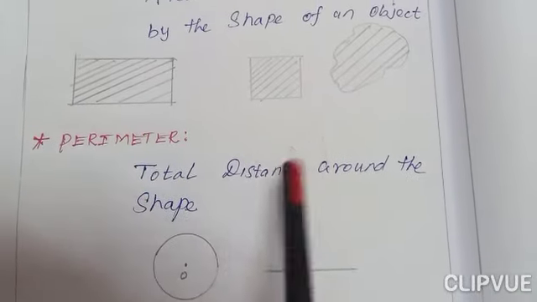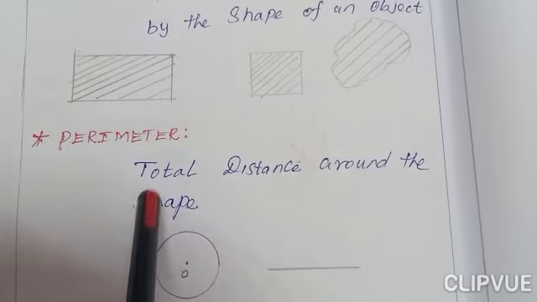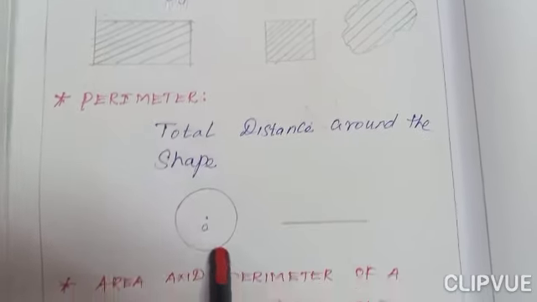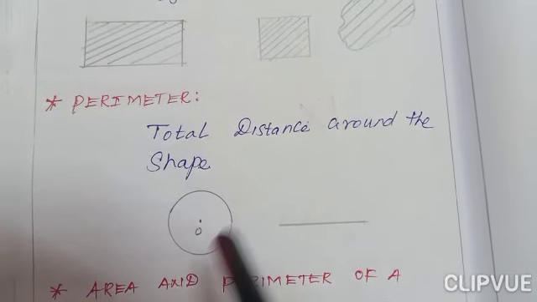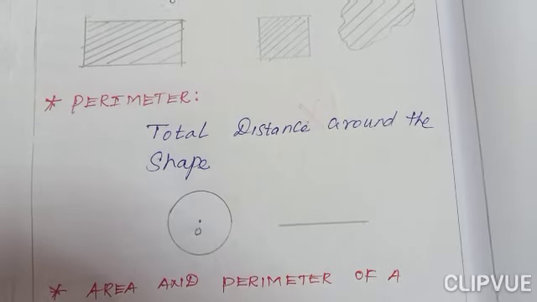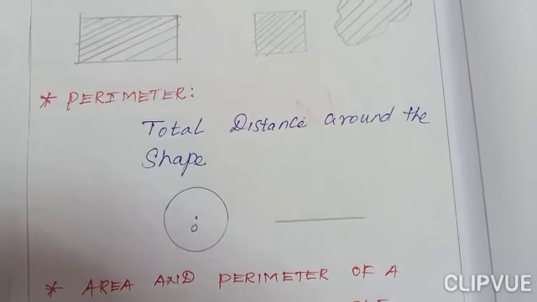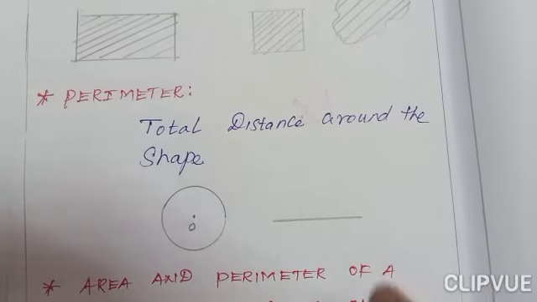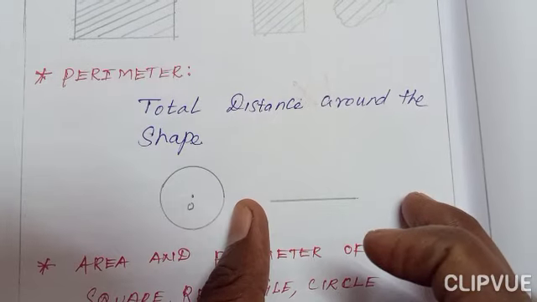The next one is perimeter. Look at the perimeter of an object: the total distance around the shape. Look at the circle. This circle's center is O. Just imagine we created the circle using a thread. I cut the thread on one side and spread it out, so it becomes a line segment.